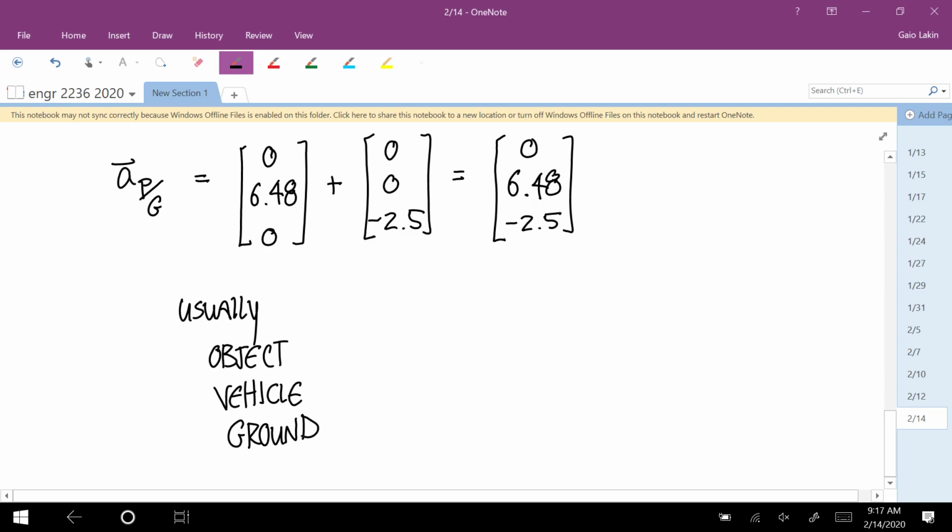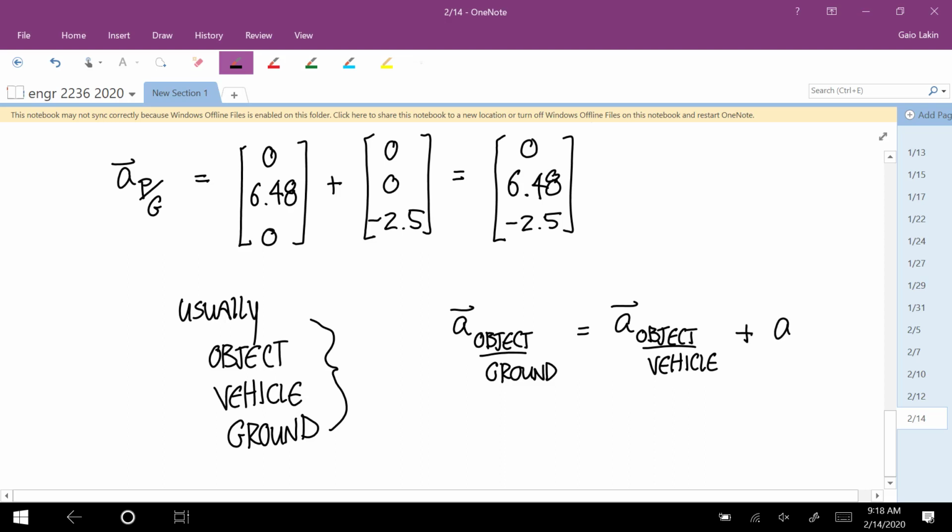If you always set it up as the acceleration of the object relative to the ground is equal to the acceleration of the object relative to the vehicle plus the acceleration of the vehicle relative to the ground, that always works. So that's how I think when I do it usually.